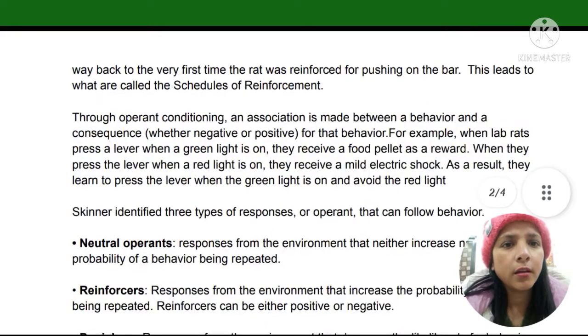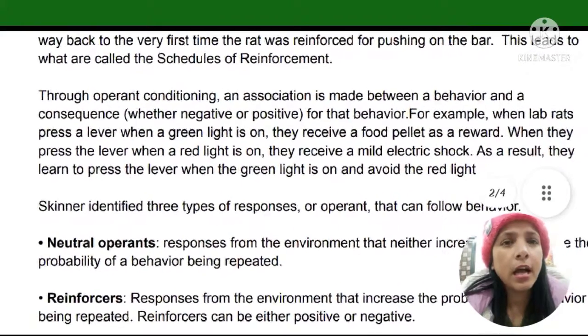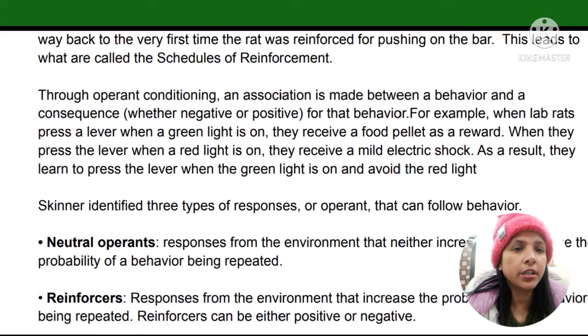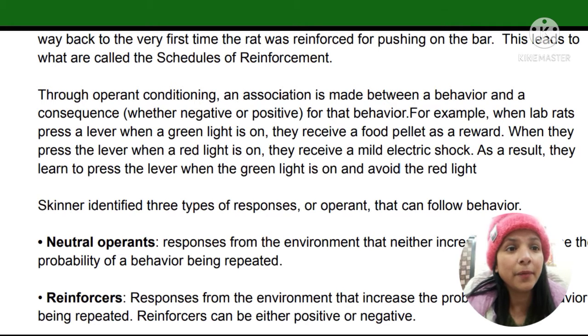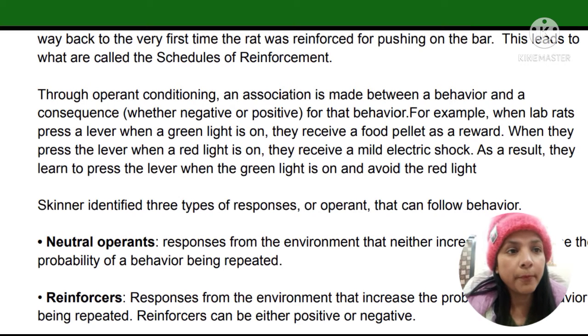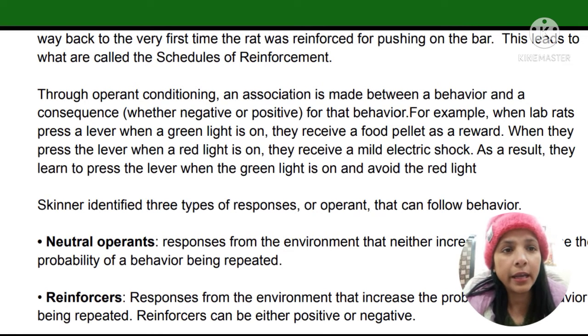Through operant conditioning, an association is made between a behavior and a consequence for that behavior. For example, when a lab rat presses a lever when a green light is on, it receives a food pellet as a reward. When it presses the lever when a red light is on, it receives a mild electric shock. As a result, it learns to press the lever when the green light is on and avoid the red light.